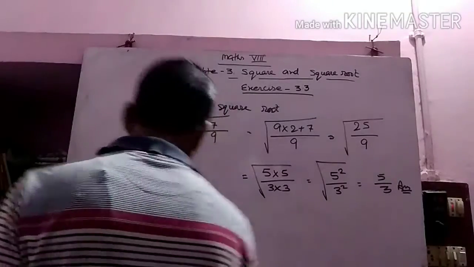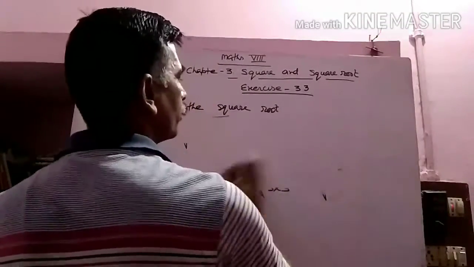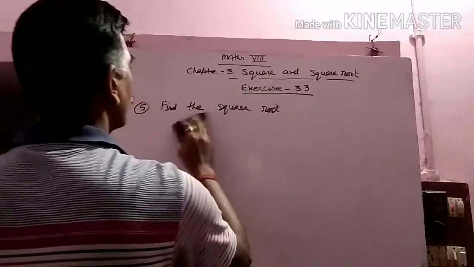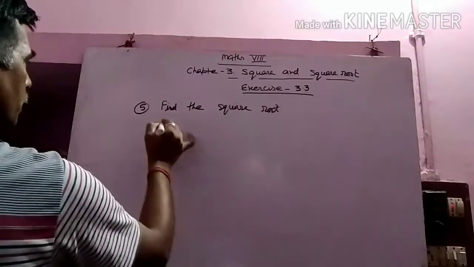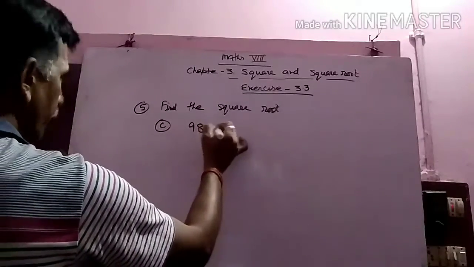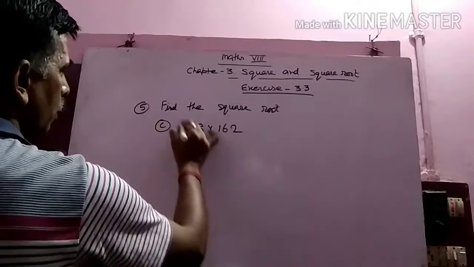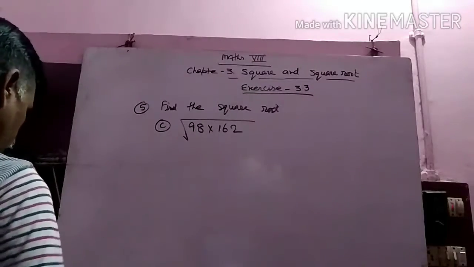Next question is, question number C, which is 98 into 162. It means we have to get the value of this number.